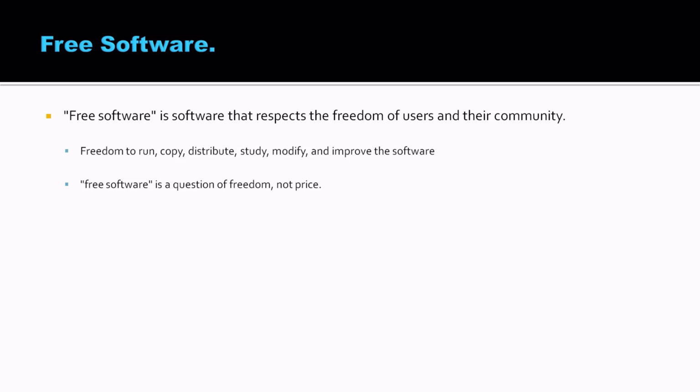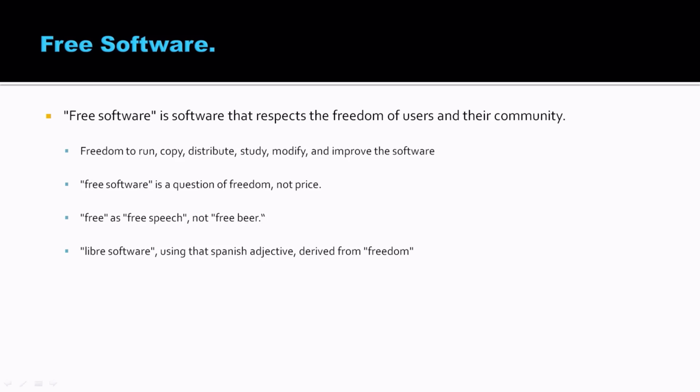To understand the concept, think of free as in free speech, not free beer. In English, sometimes in place of free software, we say libre software, using that Spanish adjective derived from freedom, to show that we do not mean that the software is free of charge.